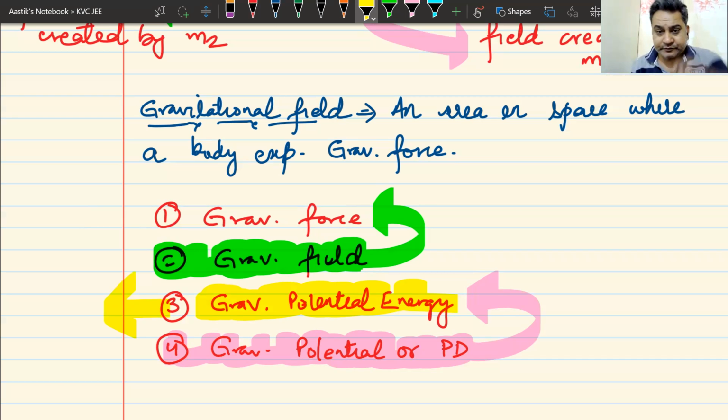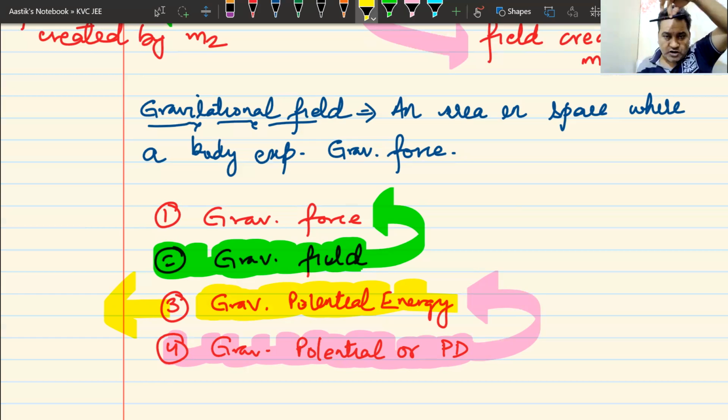Same scenario. This block is here. It can do work. It has gravitational potential energy. Now I remove this block, but the point is still there. This point is inside a gravitational field. If I place this block here, it has gravitational potential energy and it can do work.